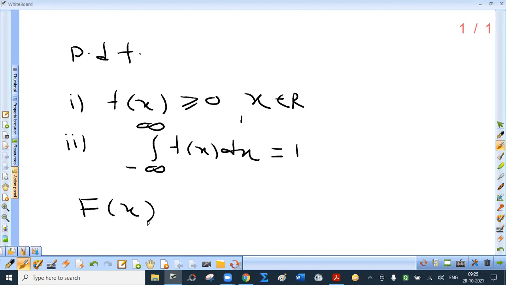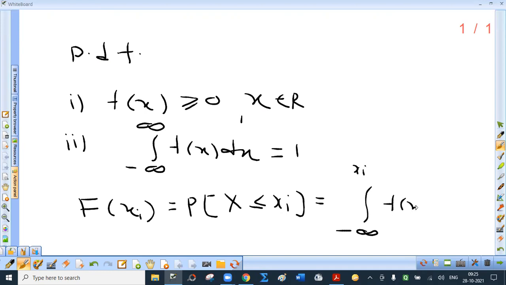Okay, so how is capital F of x defined? It is defined as F of xi equal to P of capital X less than or equal to xi equal to integral minus infinity to xi f of x dx.